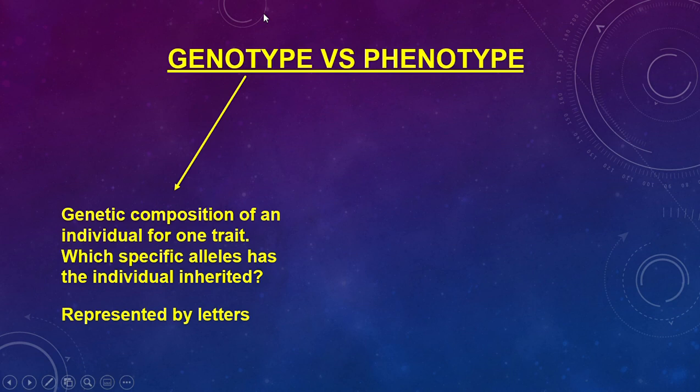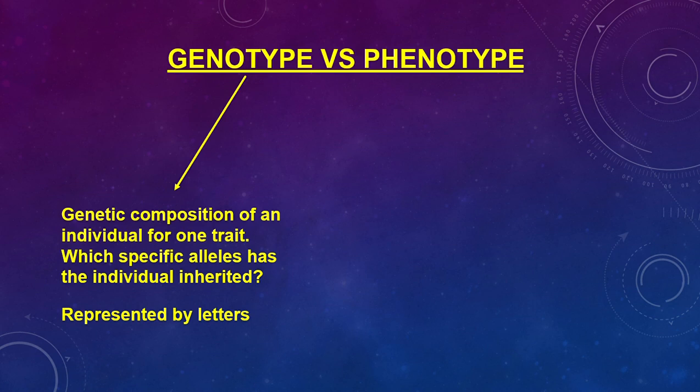And the way that we represent the genotype is with letters. So much like in maths, we use letters as variables, basically. We assign a particular letter to represent one type of gene. And because we only have two alleles, we're either only going to have the same alleles, or we're going to have different ones.